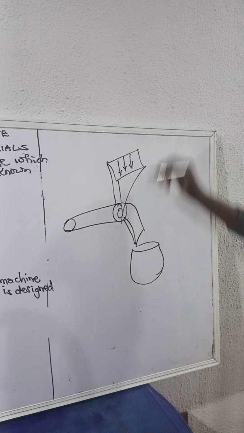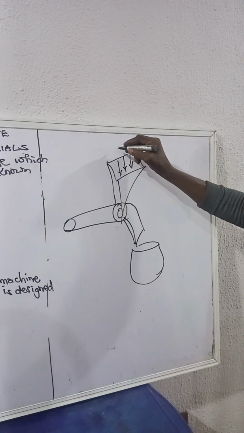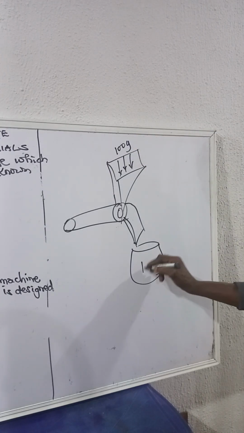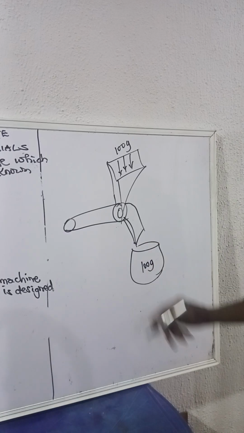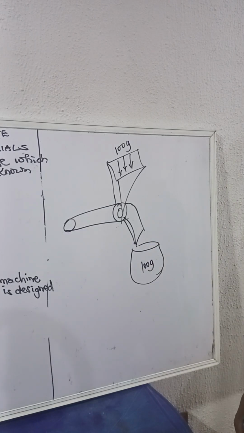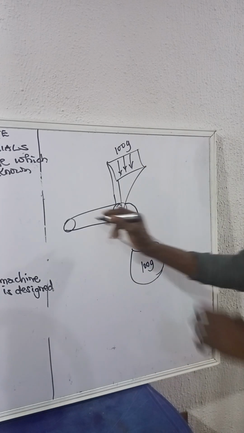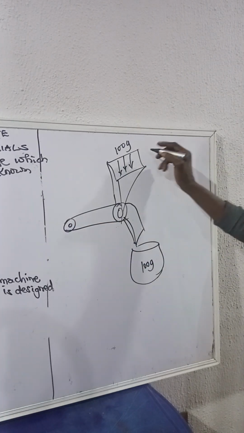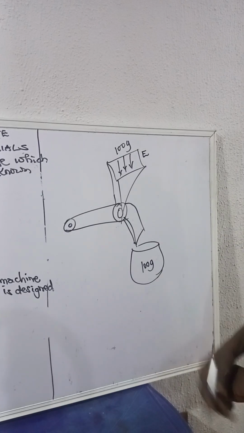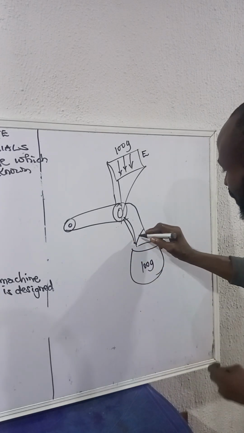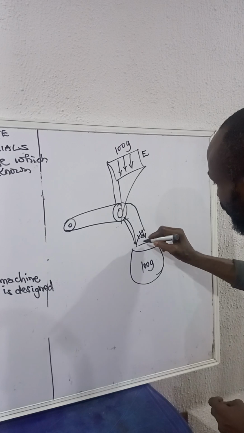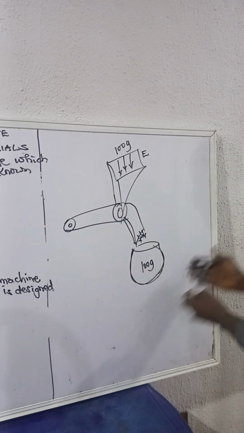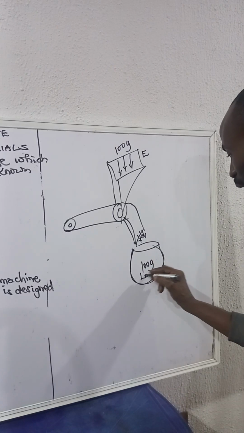Let us assume that we have 100 grams of pepper here. Will all of the 100 grams come out? No. Please try to have a better understanding of this. Here, we are putting in pepper. We are exerting effort. And whatever we receive through this place will be what we take home for cooking. Meaning that this one is our load.